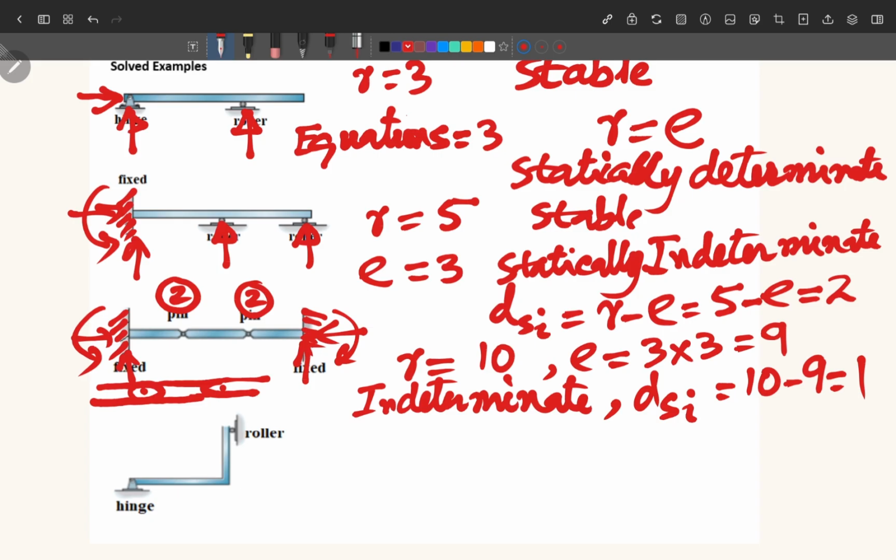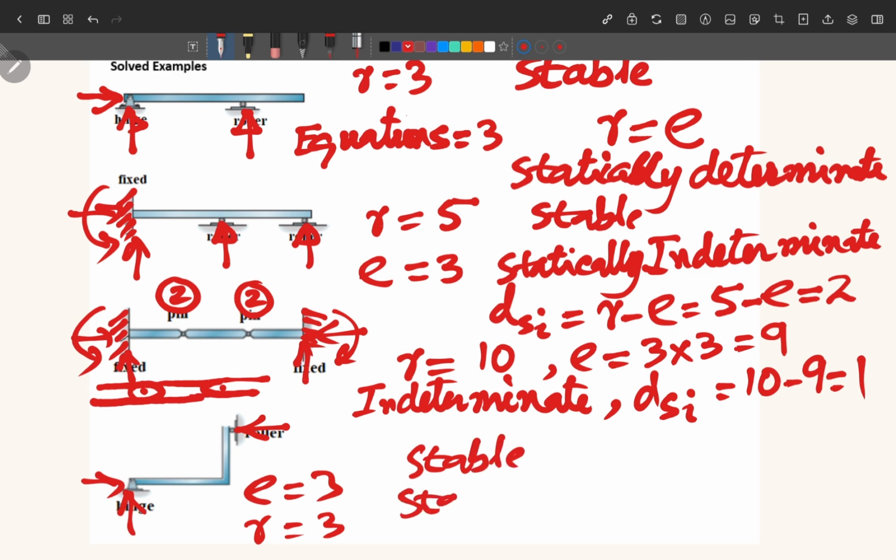So a single rigid body will give you how many equations? 3 equations of equilibrium. Now at the hinge we will have 2 and the roller will give you 1. Now we can say very clearly that this is a stable structure because all the reactions are not parallel, all the reactions are not concurrent, and reactions are not less than the equations of equilibrium, because E is equal to 3, R equal to 3. So the structure is stable and statically determinate.